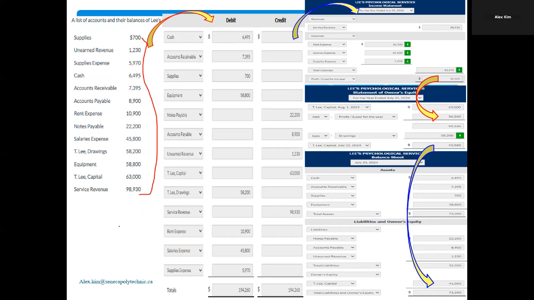But drawing and expense, opposite, so debit. Good? Equal trial balance. From the adjusted, second version of the trial balance, we start the income statement, owner's equity statement, and balance sheet. This is the process and flow of the accounting cycle.